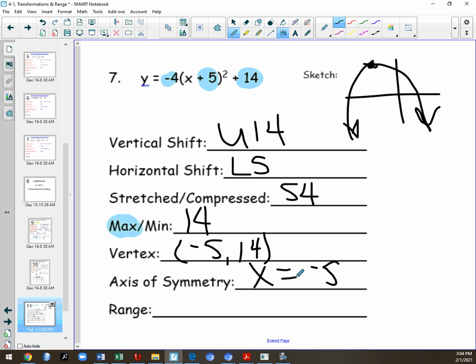My range is going to start at -infinity and go all the way up to my vertex y value of 14. This also can be written as y is less than or equal to +14. So I just wanted to make sure that you saw one with a maximum and one with a minimum. So there is tonight's homework. If you have any questions, please let me know.